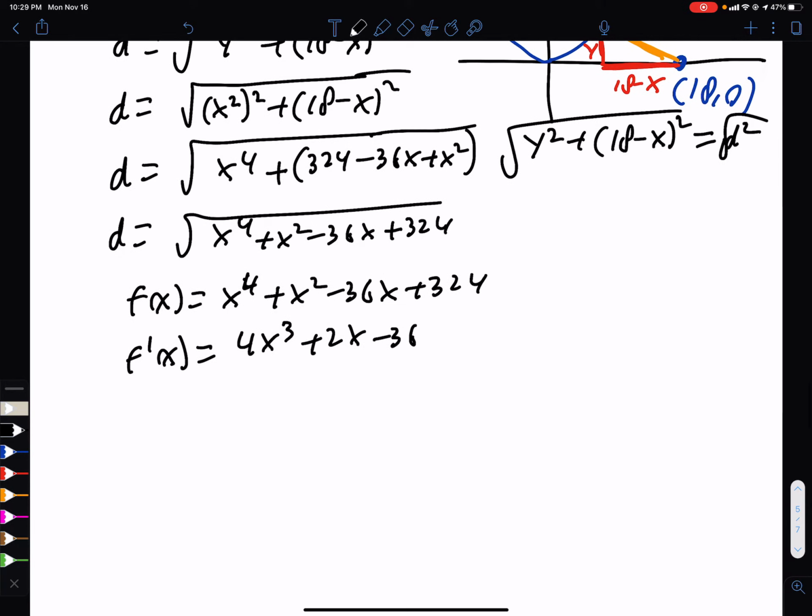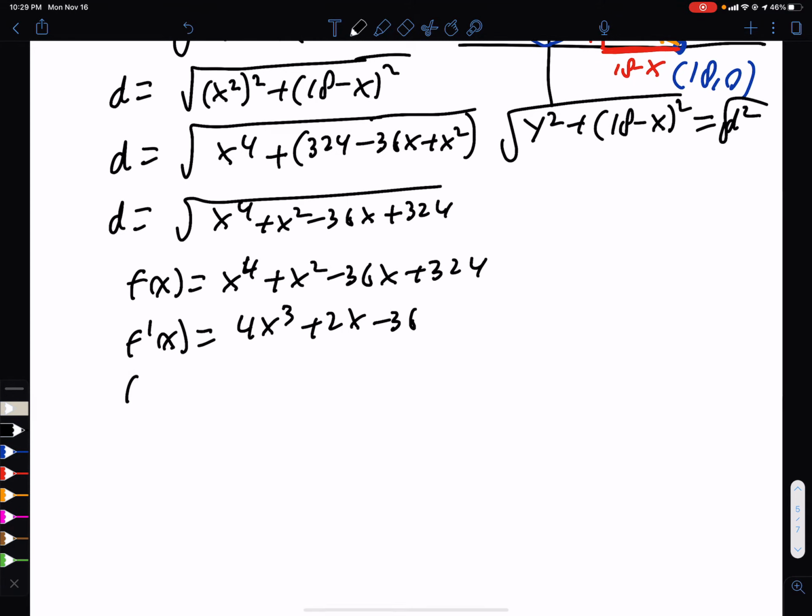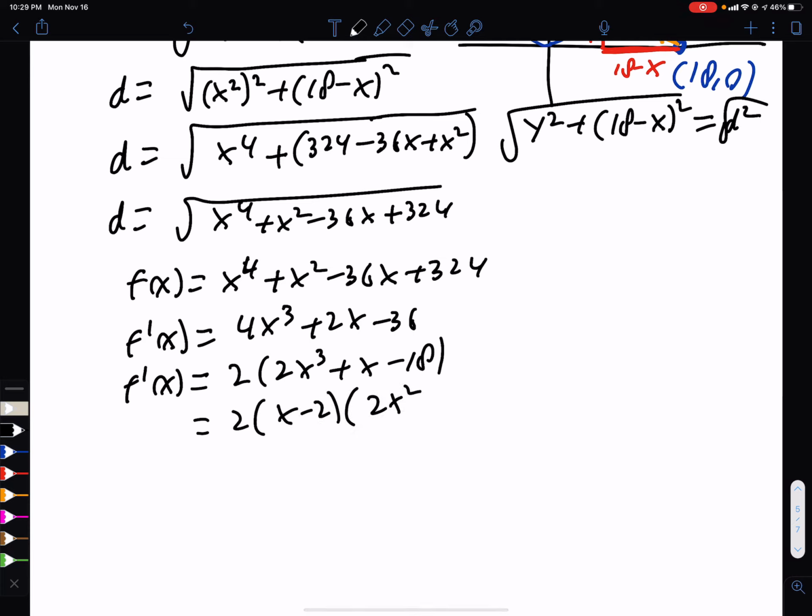So I need to take the derivative, factor that. Now, I'm just going to magically tell you what this factors to. Well, first I take a 2 out, and I get 2x cubed plus x minus 18. And then I'm just going to tell you this factors to x minus 2, 2x squared plus 4x plus 9.